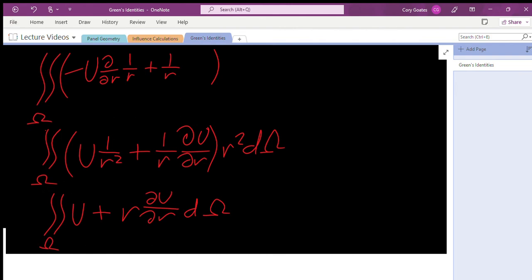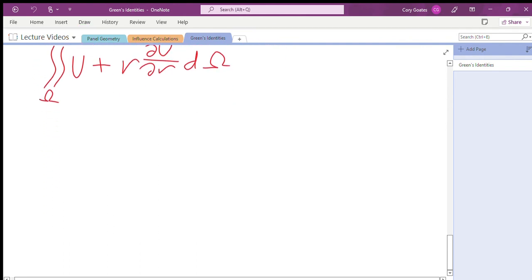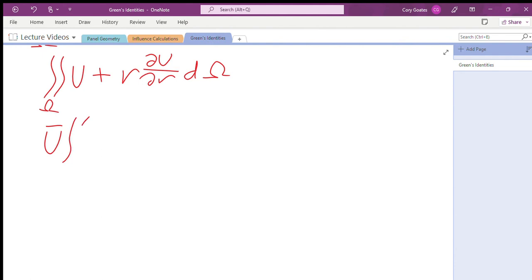Well, now we're to the point where we can actually take the limit and say, okay, what's going to happen as r goes to 0? Well, this first term, even before we take the limit, we can use the mean value theorem to say that this first term is going to be some mean value of u inside of sigma, multiplied by the double integral over omega of d omega.